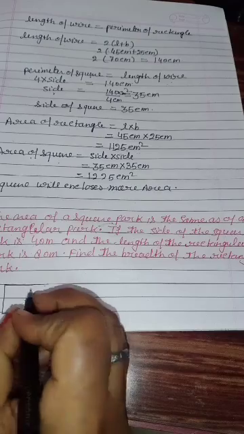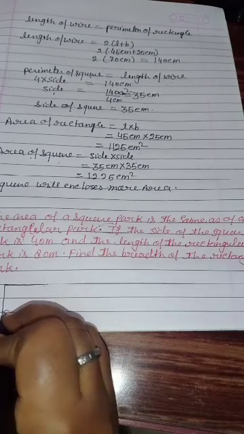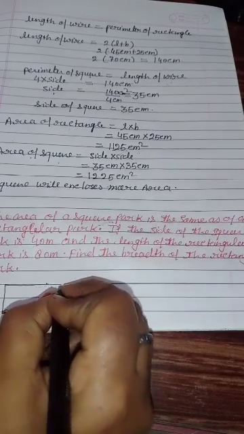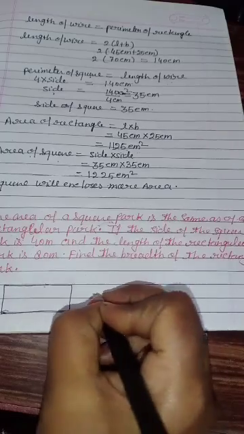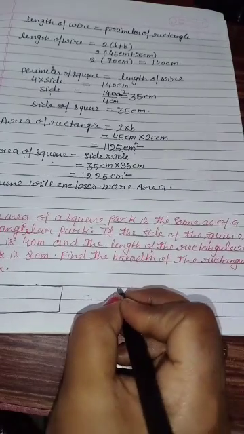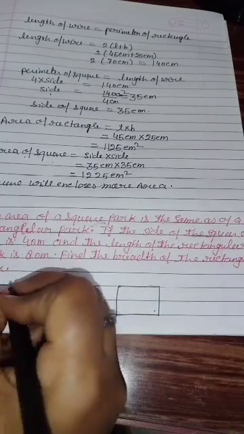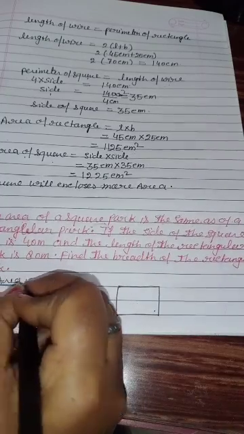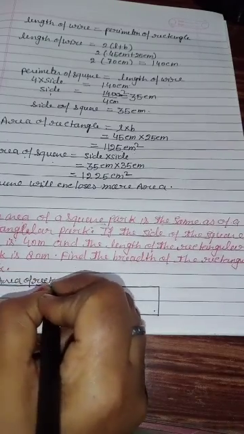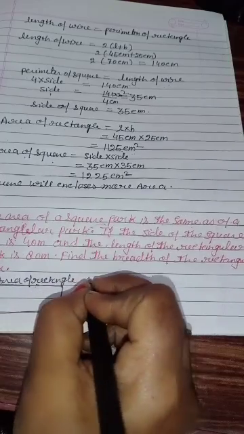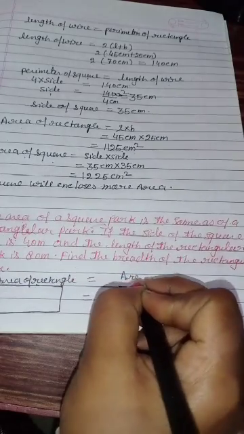Suppose this is the area of the rectangular park. First make the rectangle. Area of rectangle is equal to area of square.